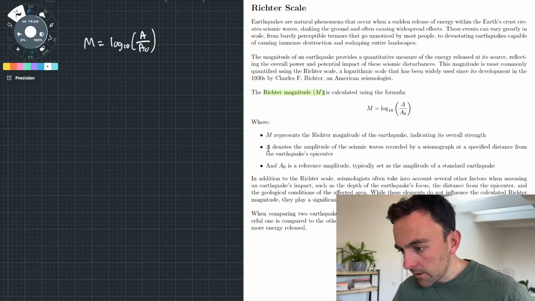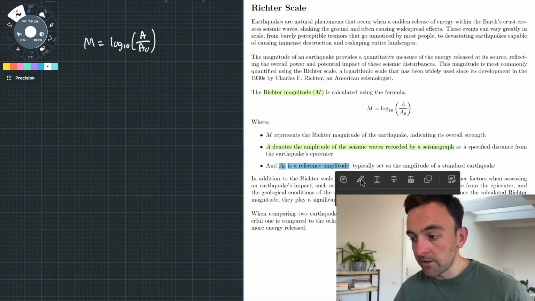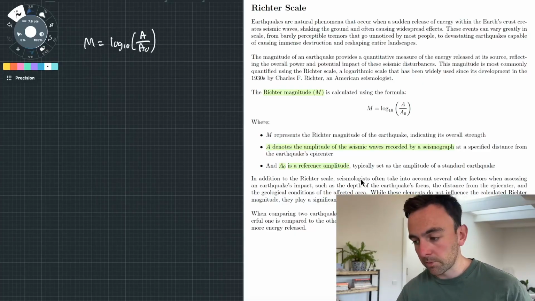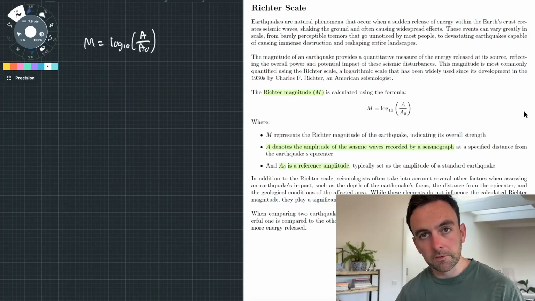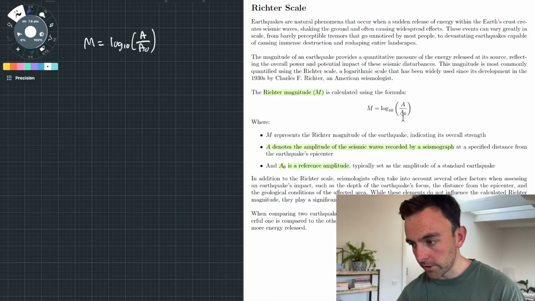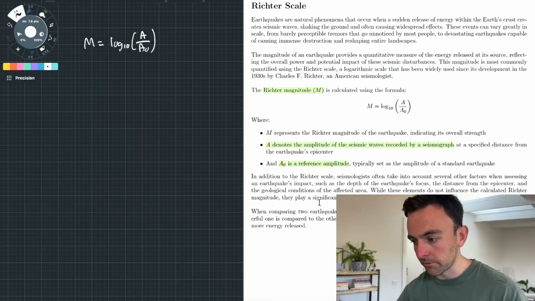And a is the amplitude of the seismograph, and a0 is the reference amplitude, which is just the amplitude of a standard earthquake. So hopefully you'll see, I know that I did make this question, so obviously I'm familiar with it, but hopefully you can see that that's actually quite an efficient way to approach the question rather than worrying about all this stuff here, which is irrelevant.